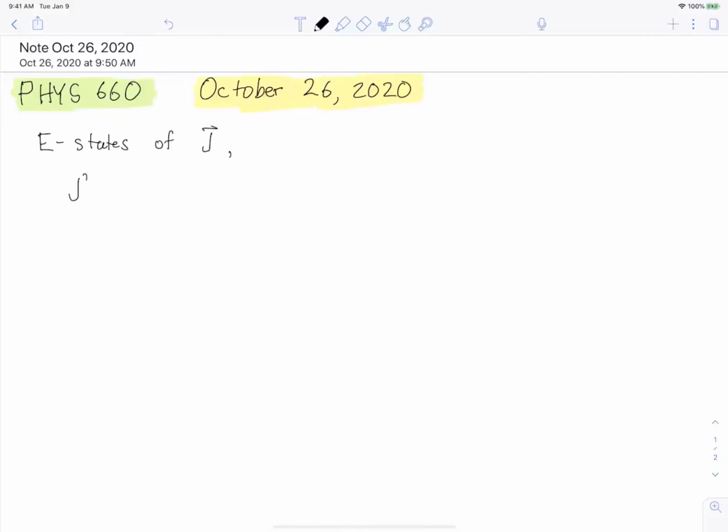So we said that the operator J squared acting on an eigenstate with a redundancy label that I'm going to call N today for variety, last time we called it K, is H bar squared times J times J plus 1 times the same state. J sub z acting on this eigenstate is H bar times M.